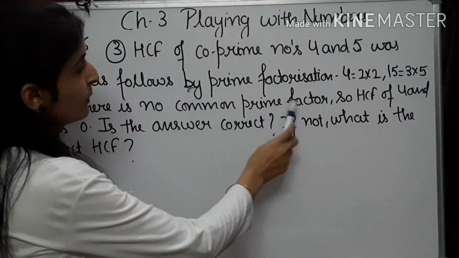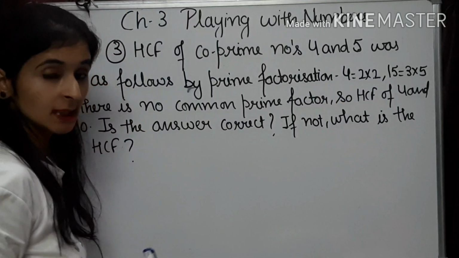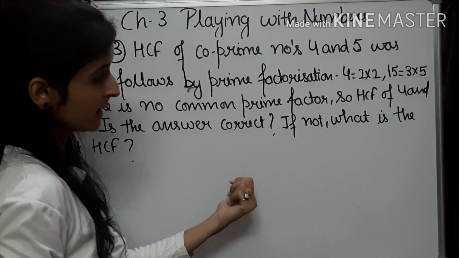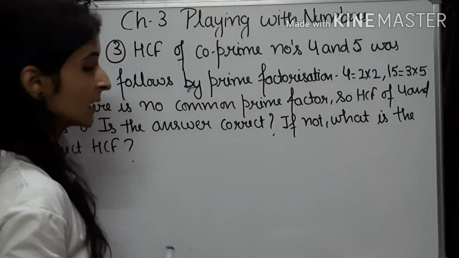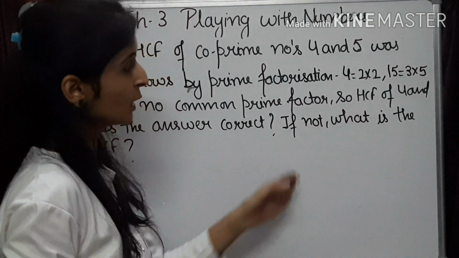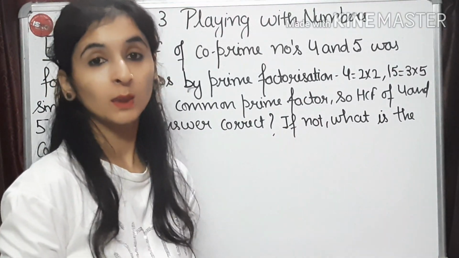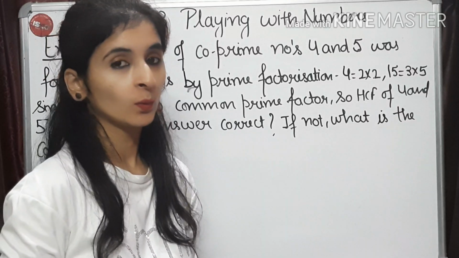Since there is no common prime factor, so HCF of 4 and 15 is 0. Is the answer correct? If not, what is the correct HCF? So can anybody tell me that the HCF of 4 and 15 is 0? Is it correct? No. And why no?